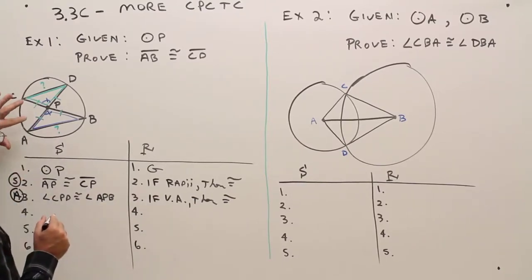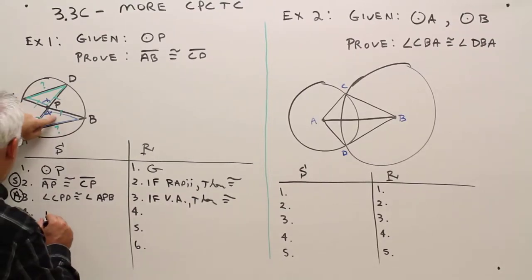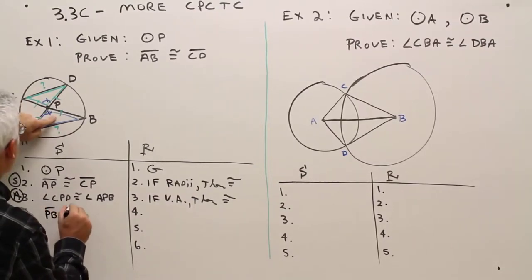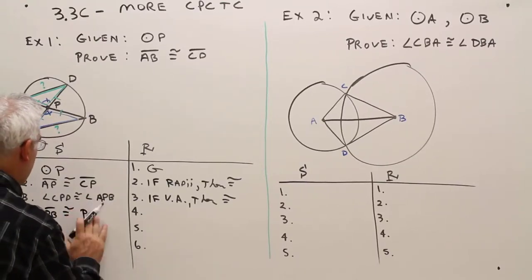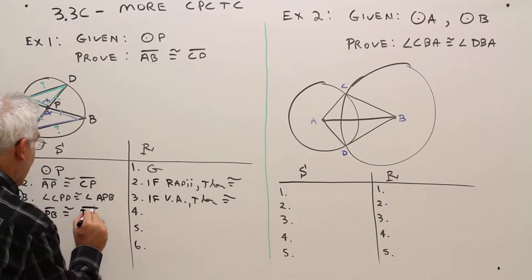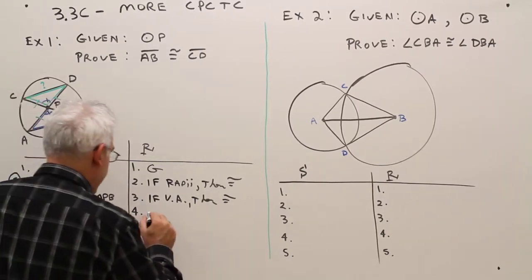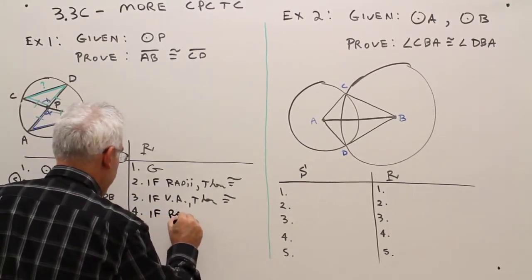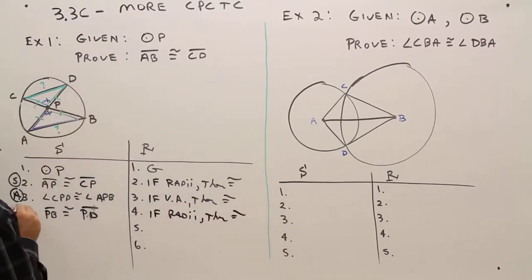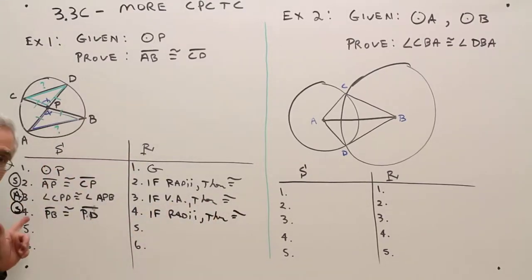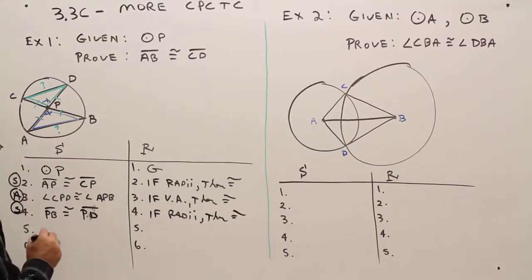So I did AP to CP. Now I'll do PB to PD. Again, if radii, then congruent. So now you can clearly see I'm going to have some sassy triangles.